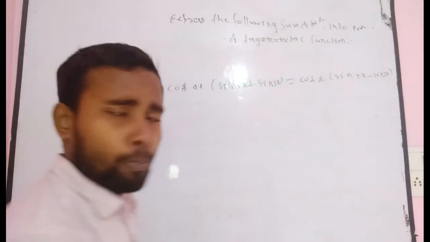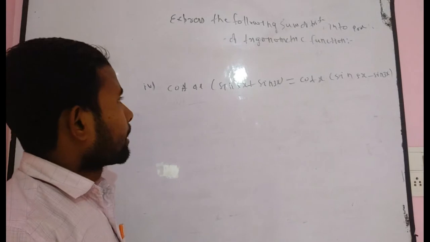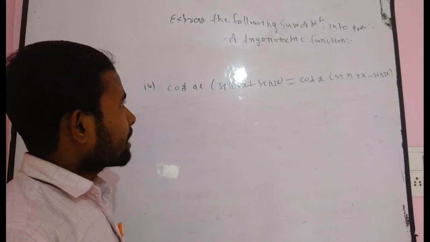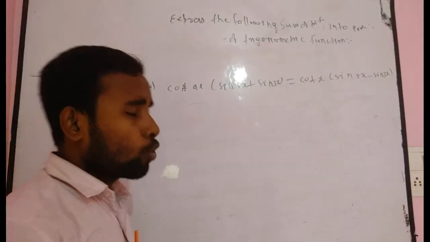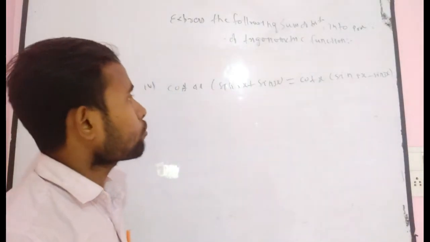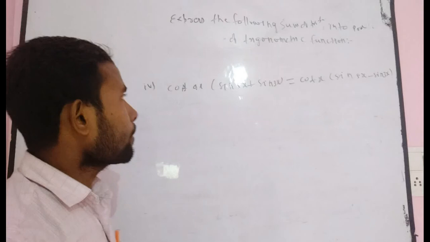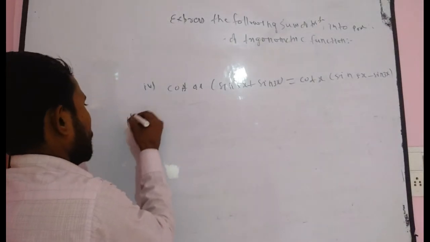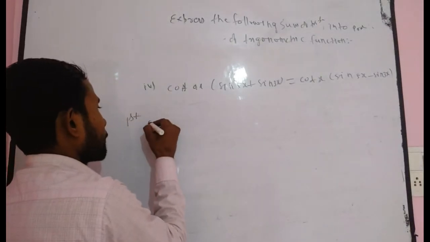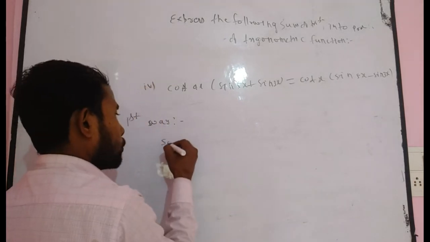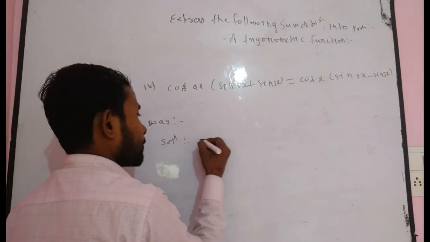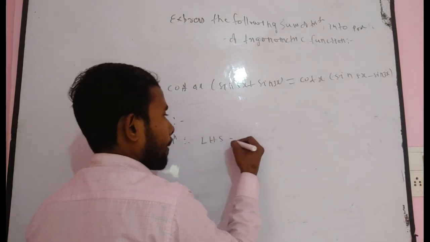How can you solve this problem? Firstly, I want to tell you there are two ways by which you can solve it. The first way is to solve the LHS. Find the LHS.